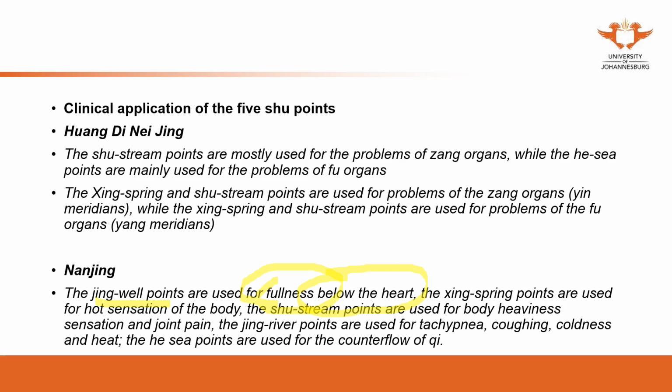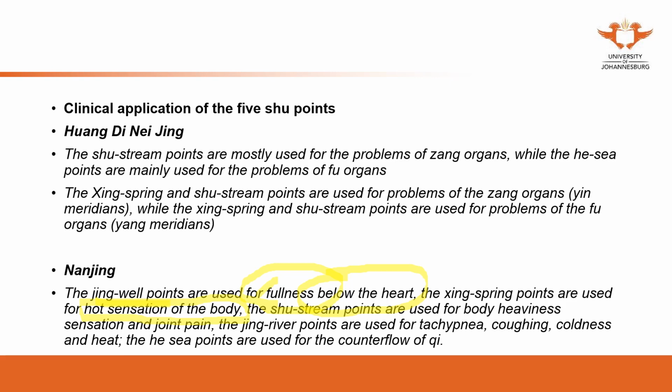The Ying-spring points are used for hot sensation. What's the hot sensation? This indicates any kind of heat, no matter deficiency heat or excess heat. That's why we can use the Ying-spring points, for example stomach 44, Neiting, the second-last point, to relieve the heat.